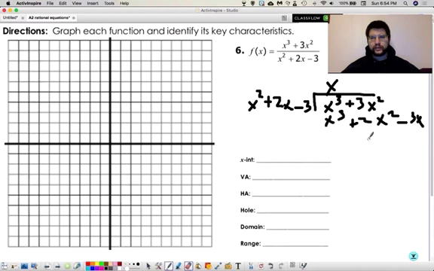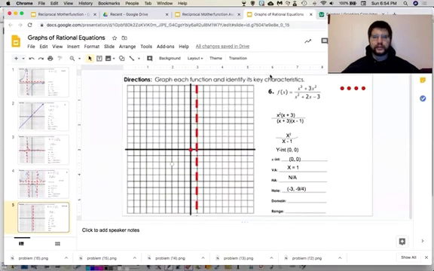Subtract. That's going to be 1 x squared. That's going to be 1x plus 1. So if I sketch this line, that's going to be another asymptote. I'm going to do that for you. X plus 1 has a y-intercept of 1 and a slope of 1, so it's going to look like this.